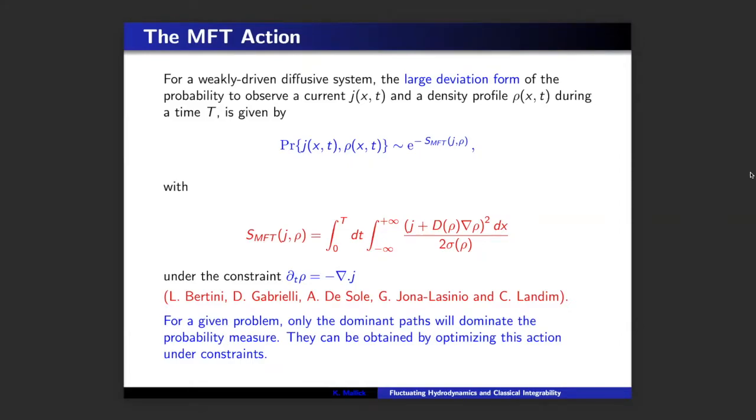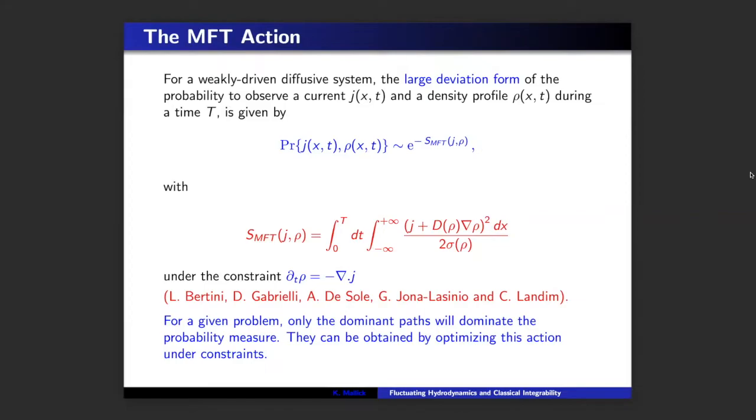This probability distribution is given as minus exponential of an action, and the action is given by this formula. So it depends on the current, which is a function of x and time, on the local density, and it's a kind of quadratic action, but of course there's a division by sigma of rho.